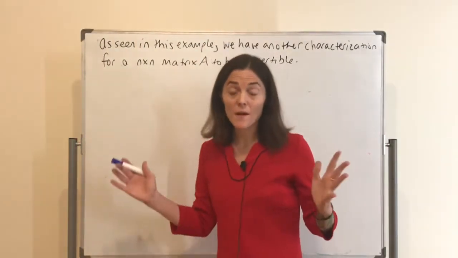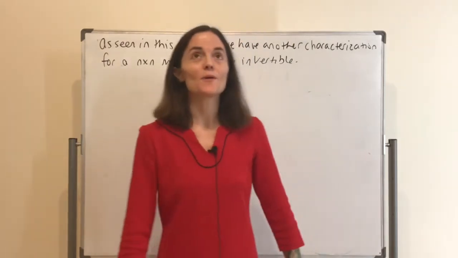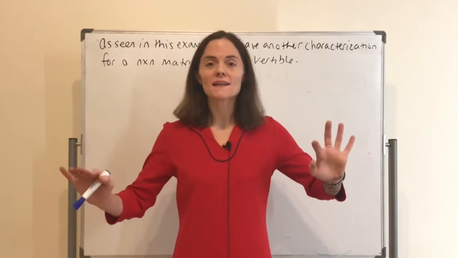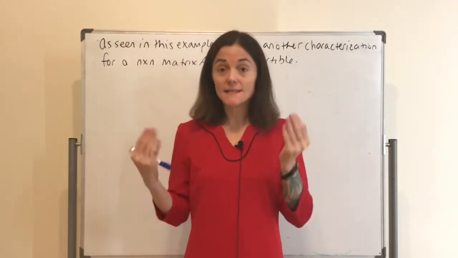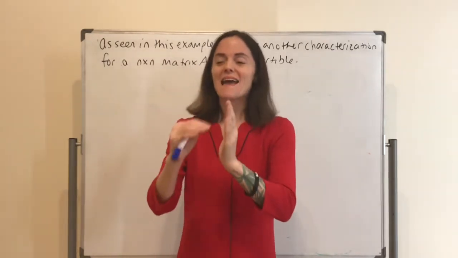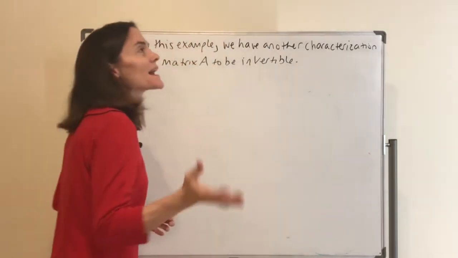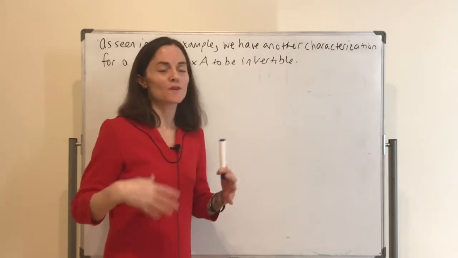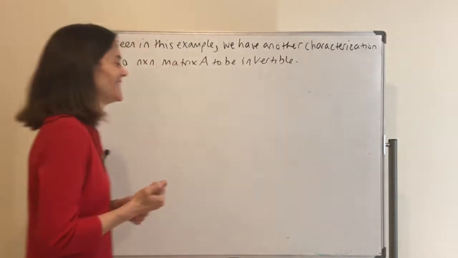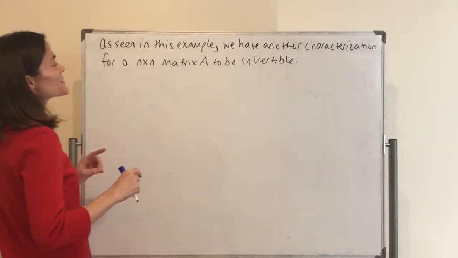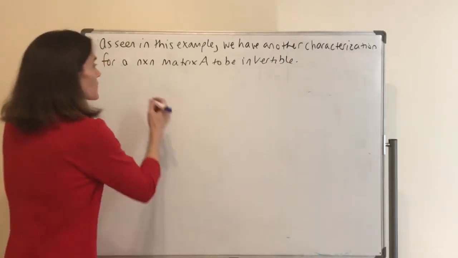Now, one thing that we saw from this example, well, it's another characterization of when an n by n matrix is invertible. This is something that we had many ways to say, and I'll come back at the end of this and go over all of them again, or mention them at least. So we saw another characterization for a matrix to be invertible.